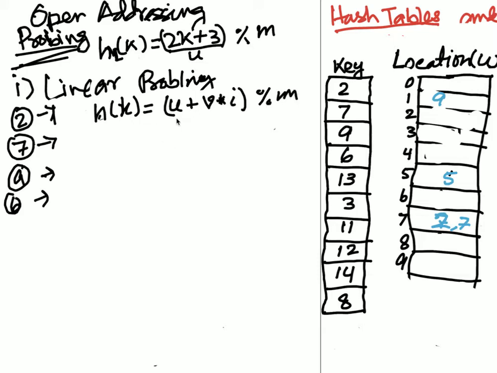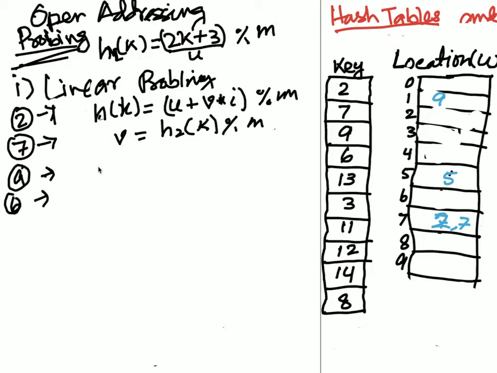Then for instance, if we say b is another function, it is very simple. It can be 2k modulus again maybe m.